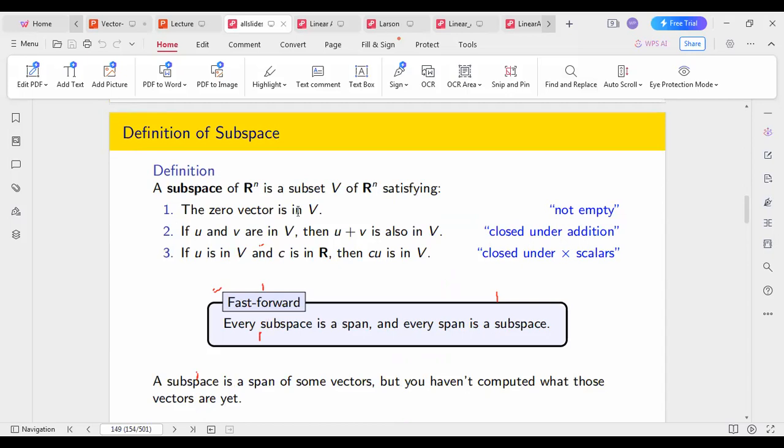First of all, the zero vector is in V. If U and W are in V, then the sum of these two elements also lies in V. If U is in V and scalar C is in R, then the scalar multiple also lies in V. That means the first condition is non-empty, contains the zero vector, then closed under addition and closed under scalar multiplication. If any subset of the vector space satisfies these three conditions, it is called a subspace.